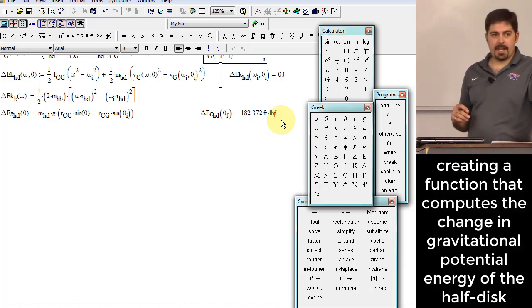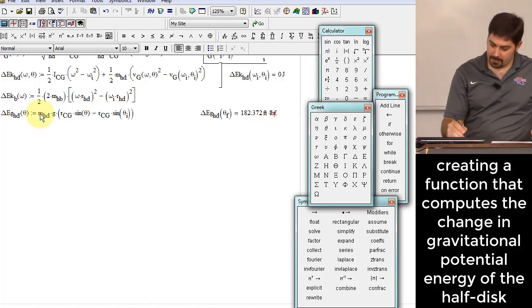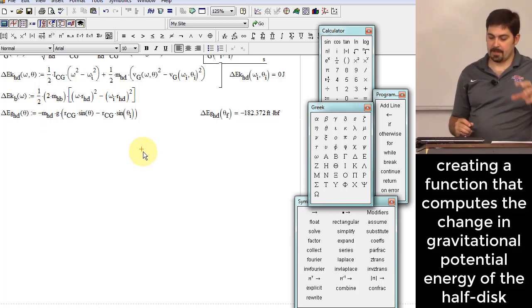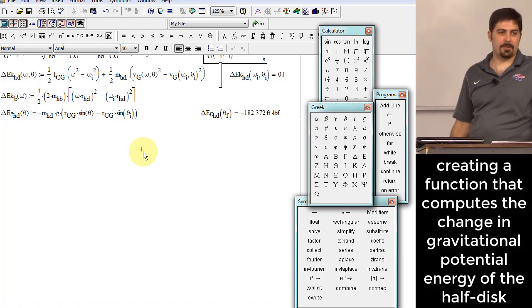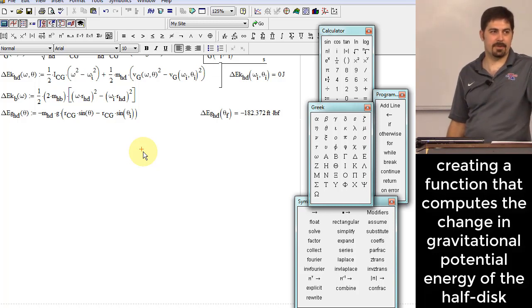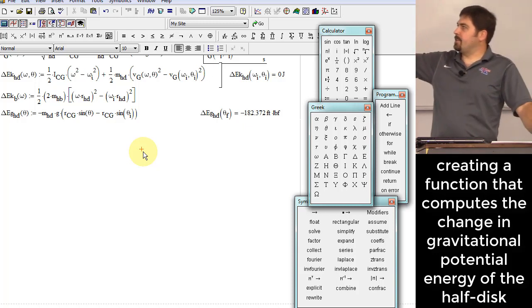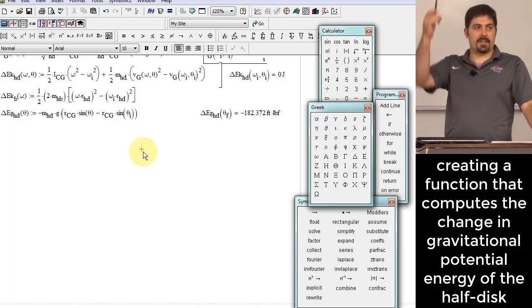Okay. Why do you say negative? That's right. The CG has dropped as a result of this thing rolling, right? So it should be negative. And I guess we could have done this a little bit more rigorously, and we would have seen that in how we set up that sum. But the other way to do it is just do an intuitive check on it and see if you have it right. Okay? It's actually due to the fact that this sine theta term is dropping it, not raising it.